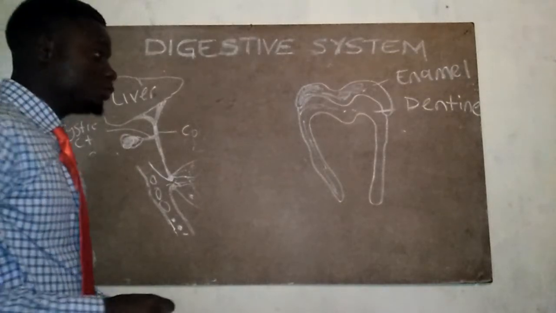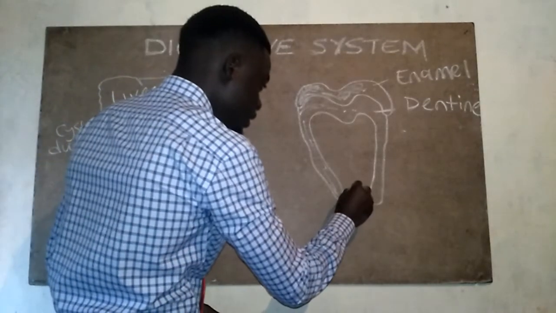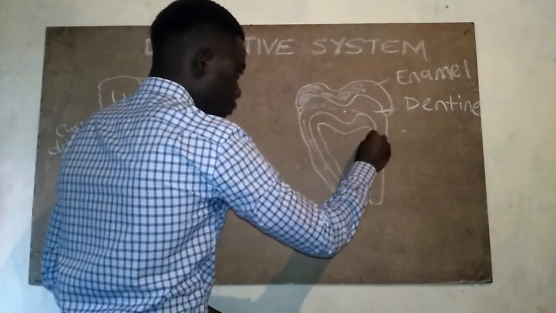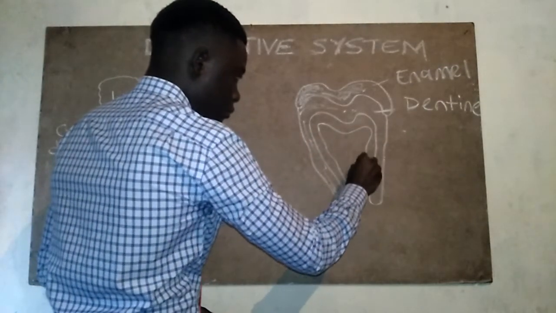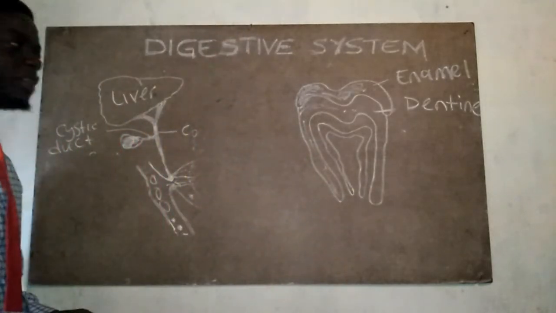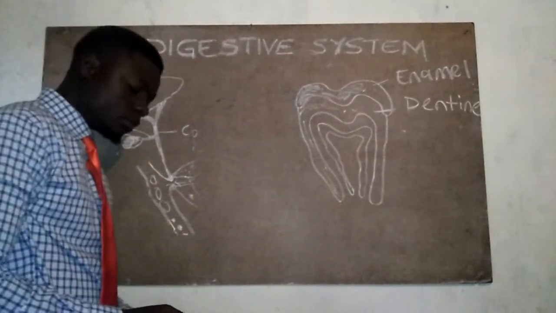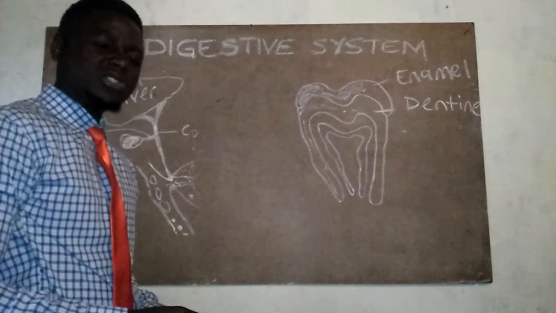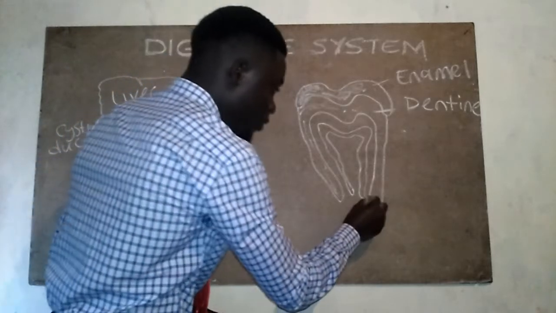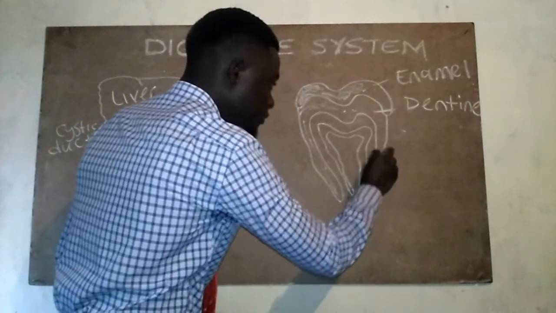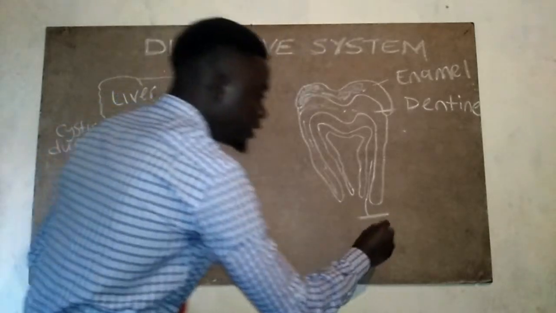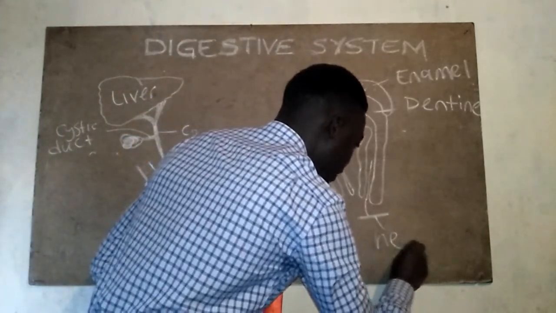And as well as that, we have this cavity, which contains the blood vessels and the nerves, because of course we are going to feel pain when the nerves in our teeth are hit. So these are the nerves, the nerve pathways.